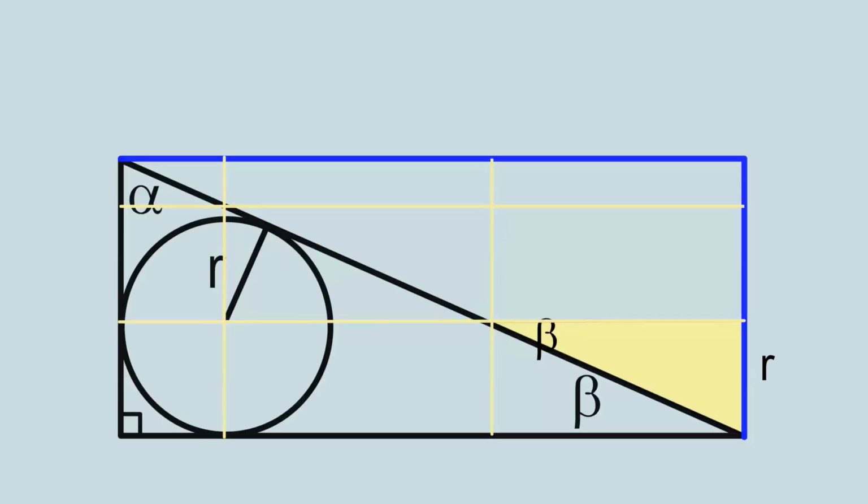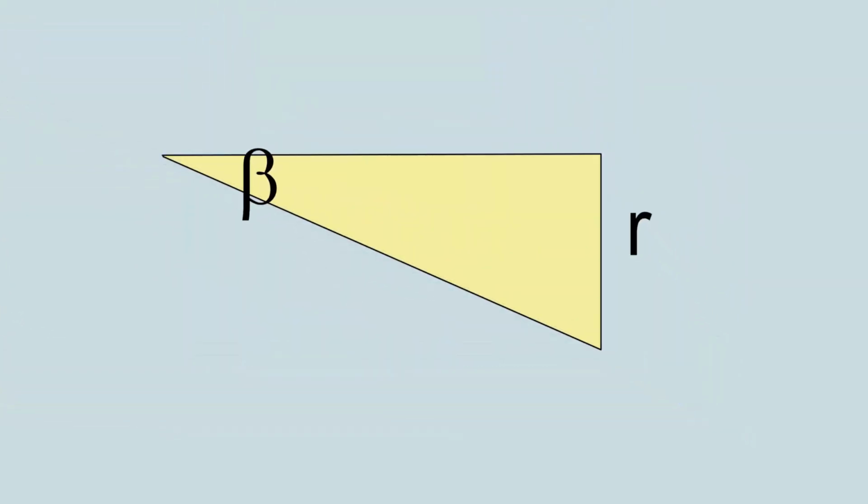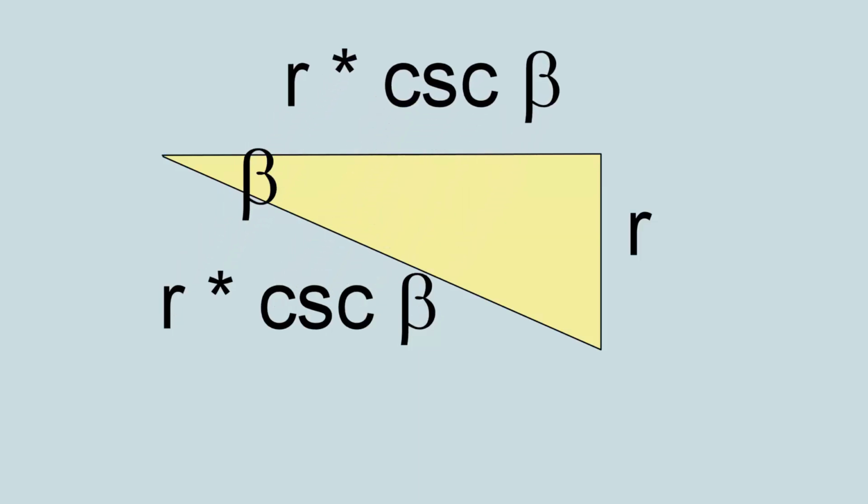And if that leg opposite angle beta is r, then we know that the hypotenuse must be r divided by sine, which is otherwise known as r times cosecant beta. And if the hypotenuse is r cosecant beta, we know that the adjacent side must be r times cosecant beta times cosine beta, and that's otherwise known as r times cotangent beta.